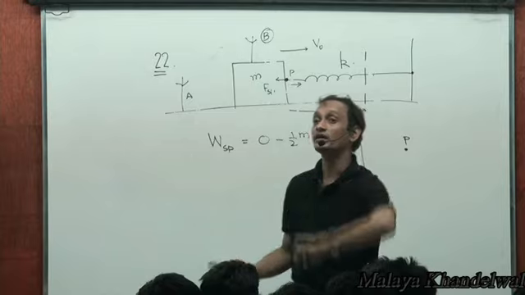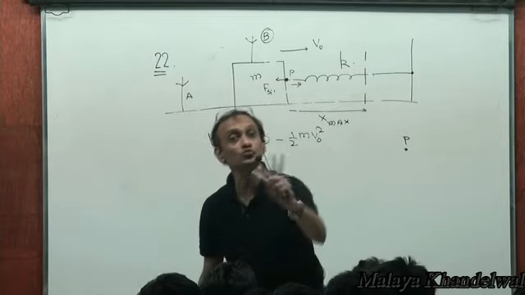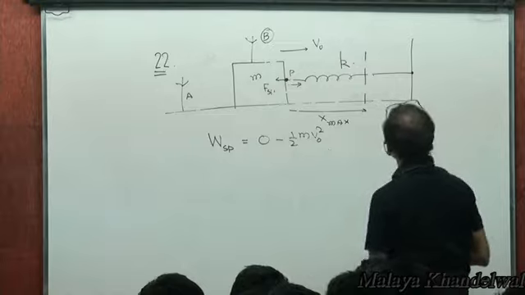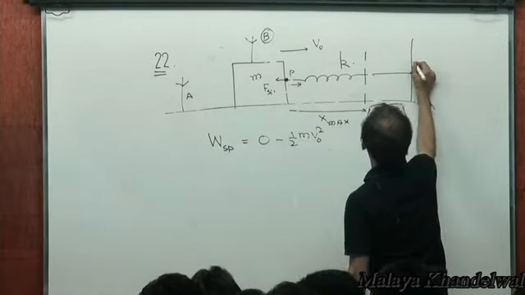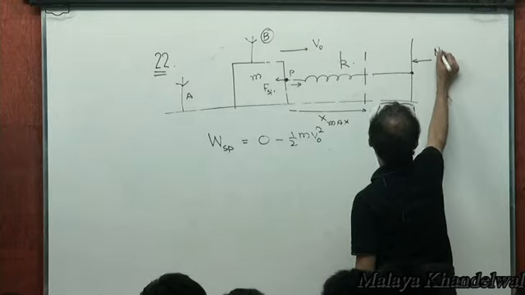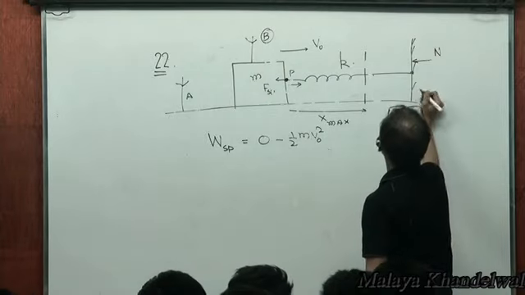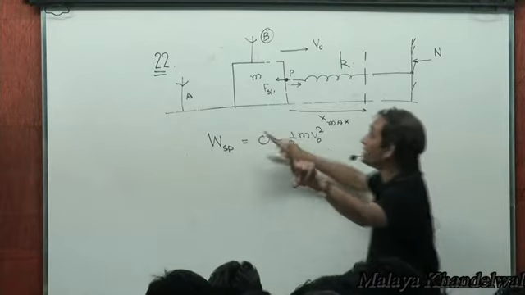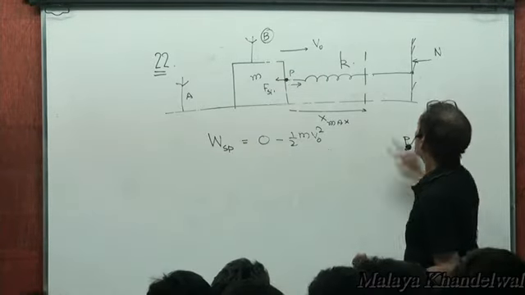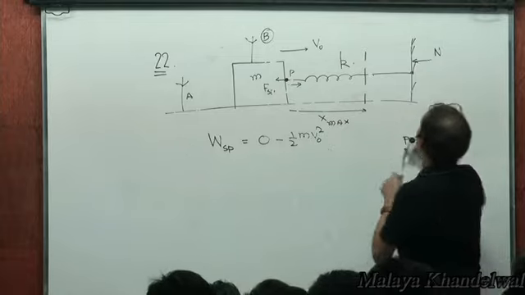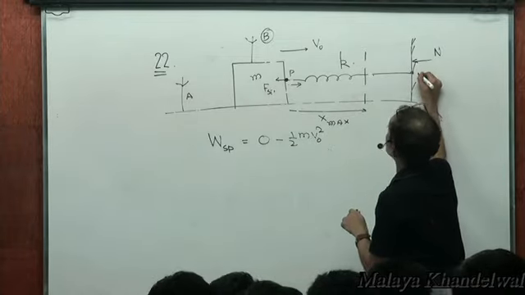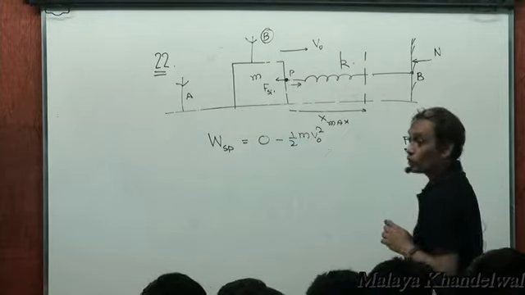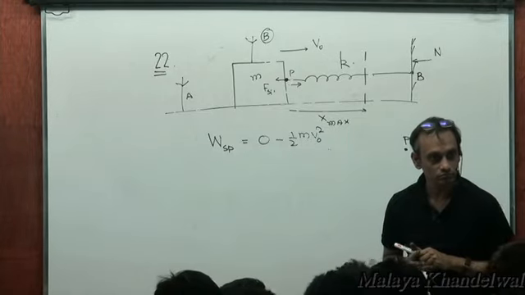Now this is what observer B has to say. He says, well, there is a normal reaction N between the spring and this wall. The wall exerts a normal reaction N, right? Look at this observer A. The observer A finds that this point is not getting displaced.